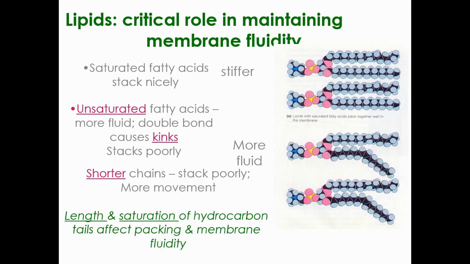So, lipids are critical in maintaining membrane fluidity. For example, saturated fatty acids stack nicely because they are just straight chains. They have no double bonds, so they do not form cis or trans, and they do not form kinks. Kinks are like bends or folds.